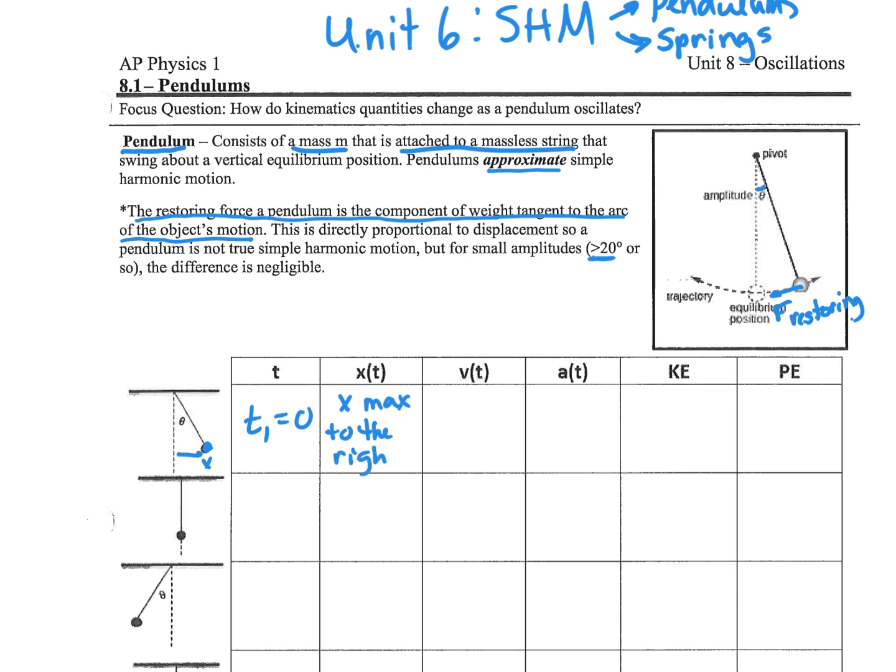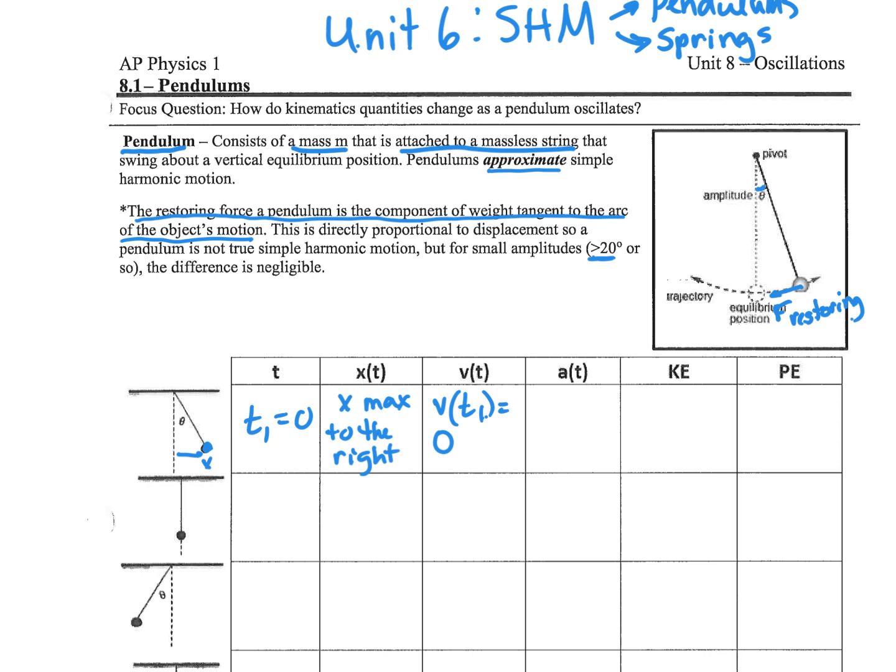We also know that the velocity, we're holding it there and getting ready to leave it, is going to be 0. The velocity at t sub 1 is going to be equal to 0. Now, it's about to go down.